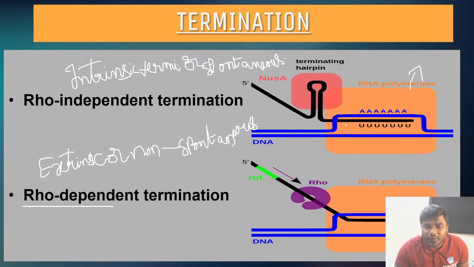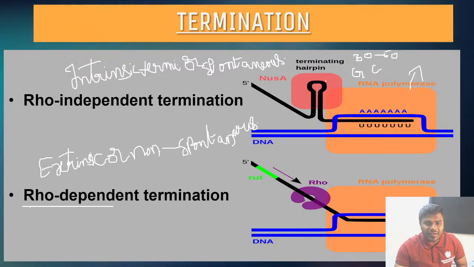Whenever the RNA comes out, remember: the first 30 to 50 nucleotides of the mRNA are rich in G and C sequences. You all know G can pair with C.